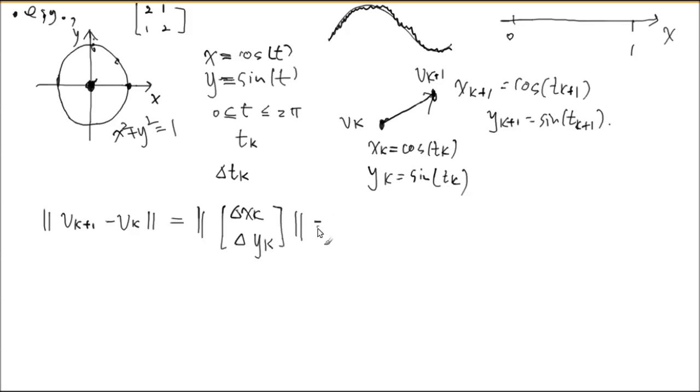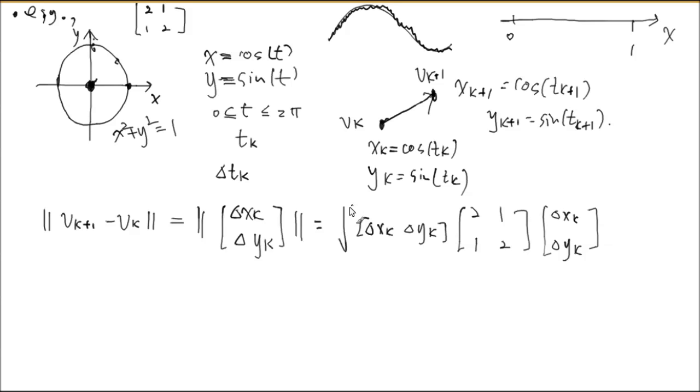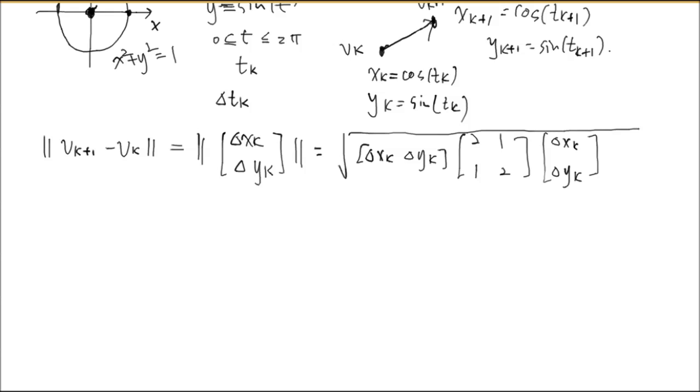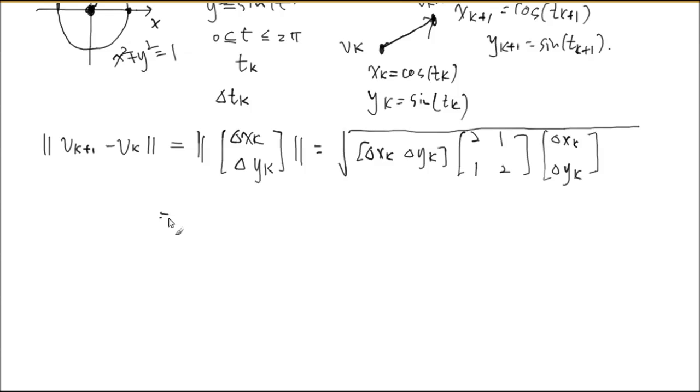But for the distance, we take the square root of the inner product of delta xk, delta yk, where the new metric kicks in: 2, 1, 1, 2, with delta xk, delta yk, under a square root. That's the distance between these two points. I'm going to skip multiplying it out. It looks like this: 2 times delta xk squared plus 2 times delta xk delta yk, plus 2 times delta yk squared.